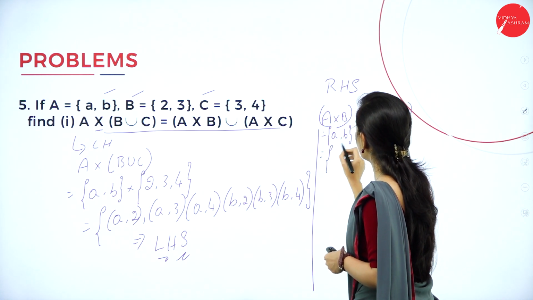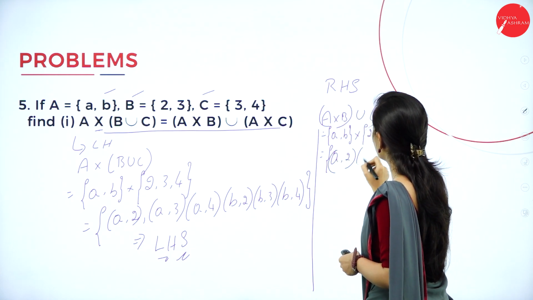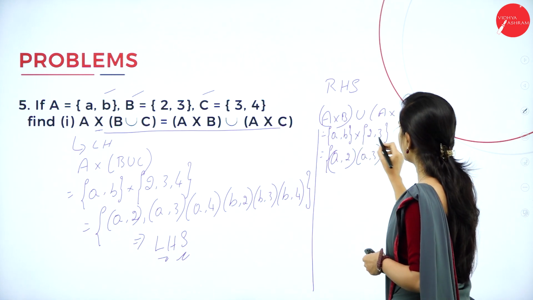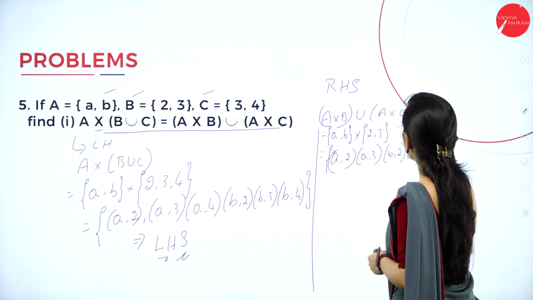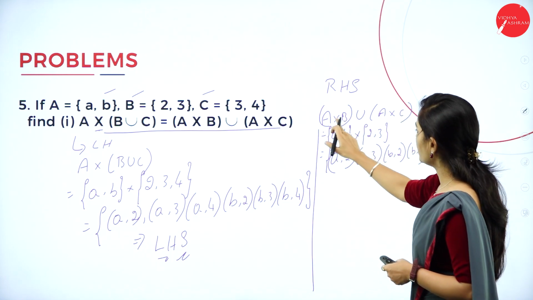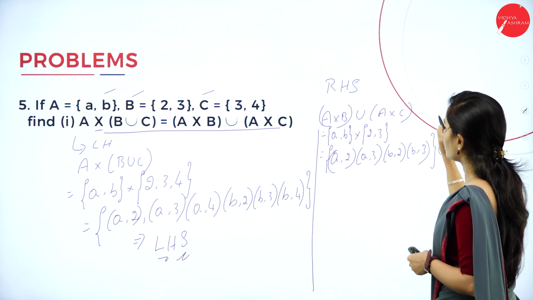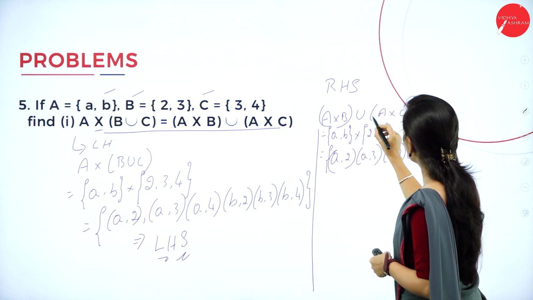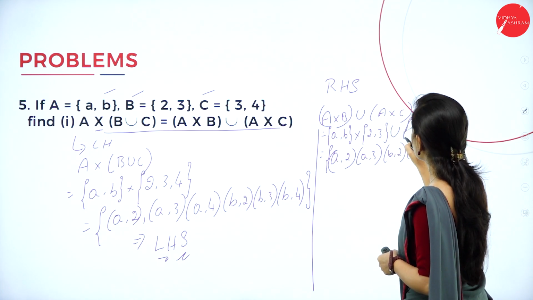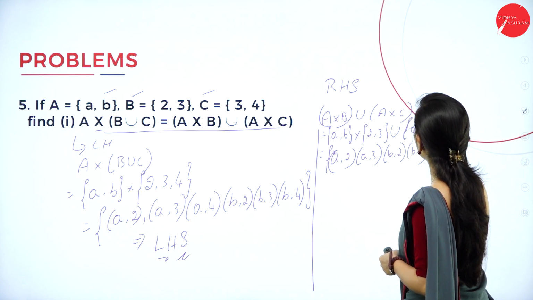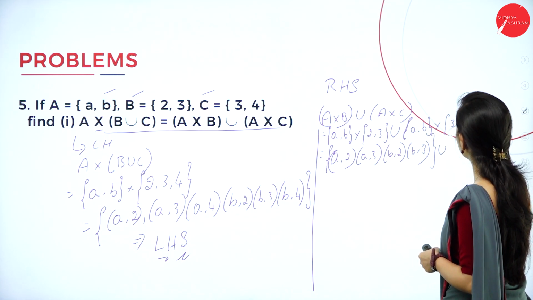So the Cartesian product is (a,2) and (a,3), again (b,2) and (b,3). So this is my A cross B. Again you have to find A cross C, for A, that is a, b, and C is 3, 4.